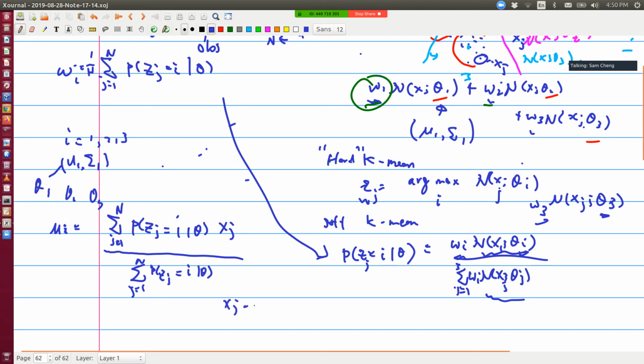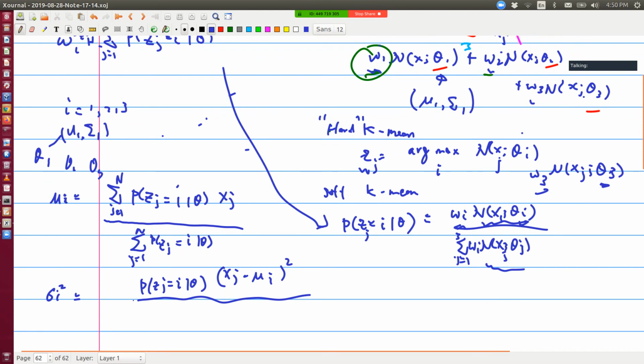Given that you have this estimate of the mean here, then the variance will be similar, with the squared term, and it also needs normalization. It will simply be like this.